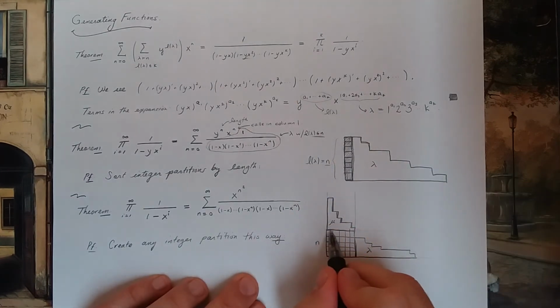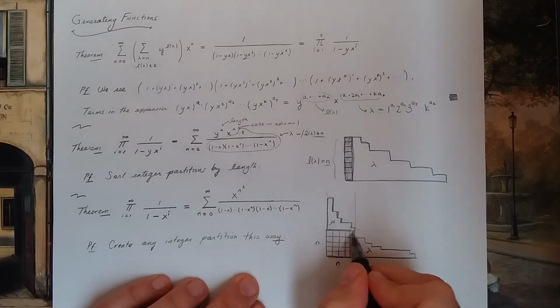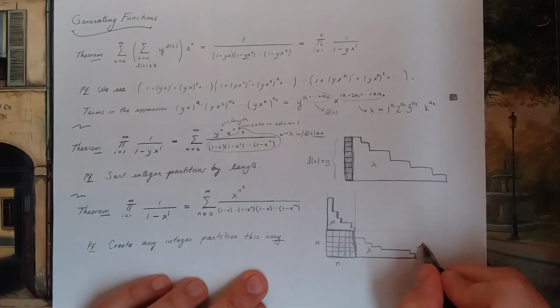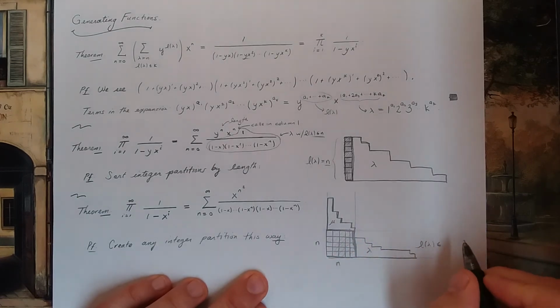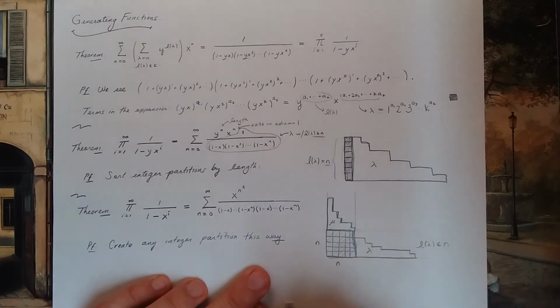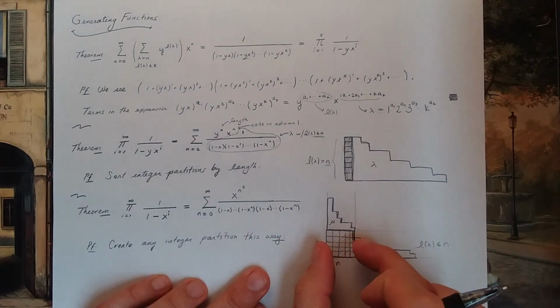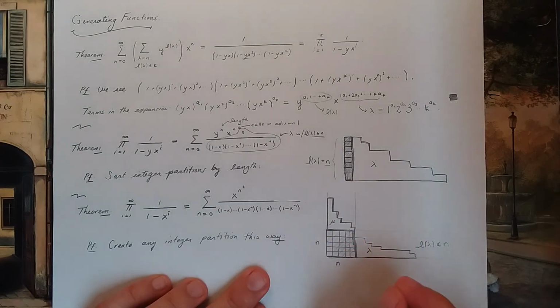So again, the method of construction is to start with an n by n square. After you have that square, put any integer partition you'd like on the right, as long as the length of lambda is less than or equal to n. Then put any integer partition you want on top, as long as the maximum part of mu is less than or equal to n.